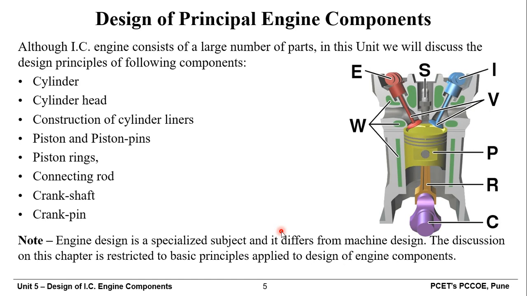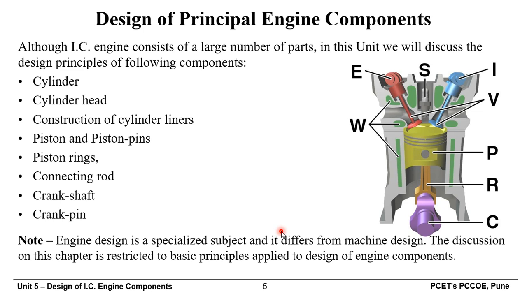We are not going to consider all the factors that may affect the design of the engine, because in many universities or institutes the design of IC engines is a different course. So here we will just get an idea of how different design principles are used for designing IC engine components.